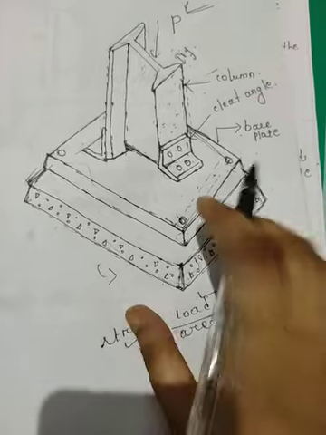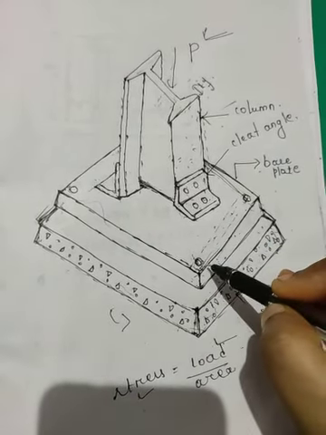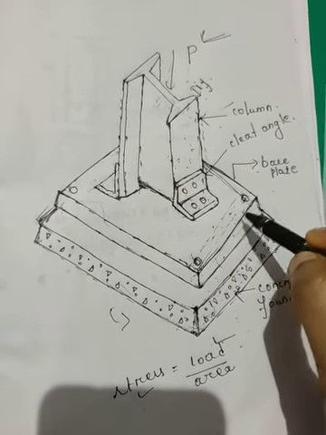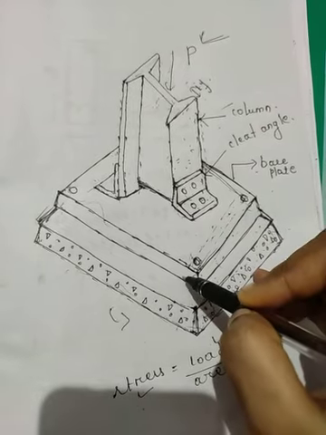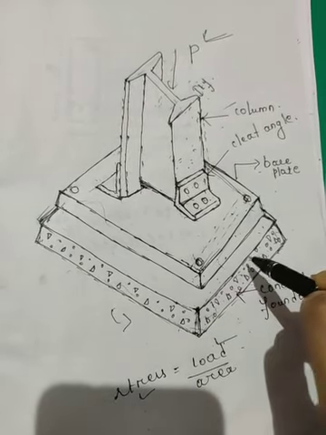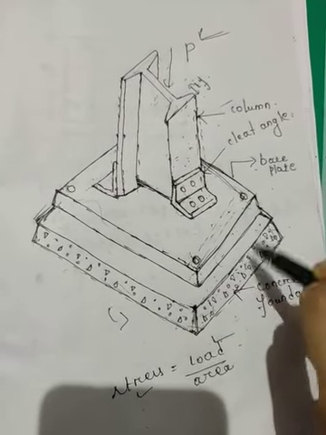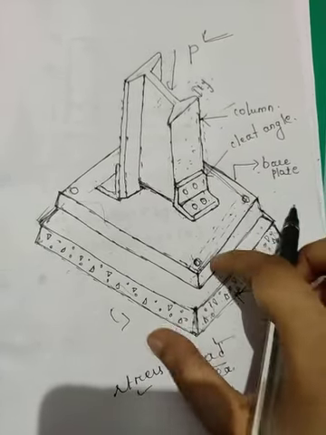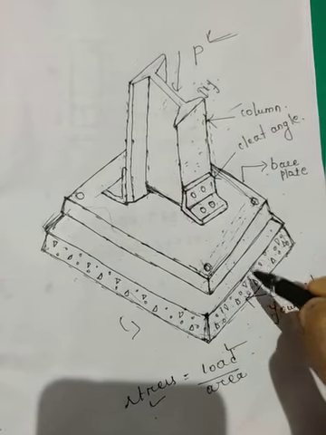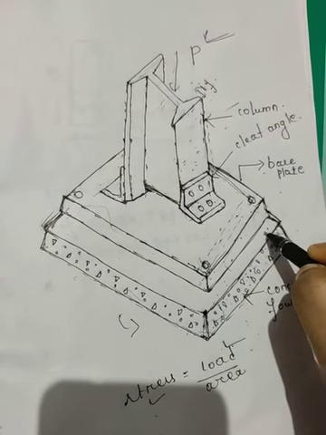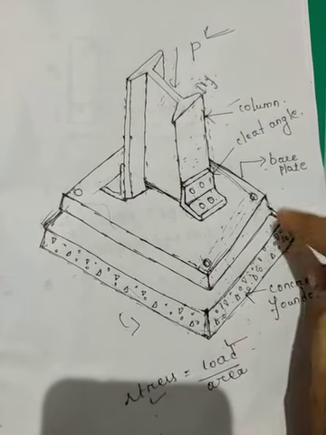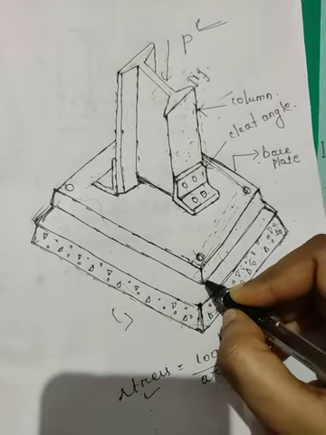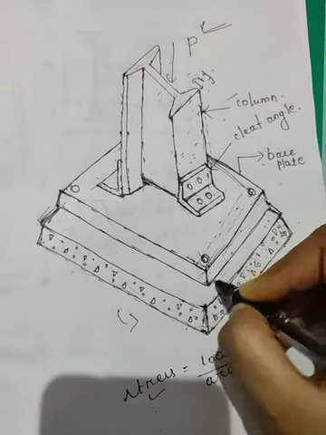Likewise, when in a question we are asked to design the slab base, then it will depend upon the bearing capacity of the concrete foundation, because the slab base will apply pressure to the concrete foundation, and the concrete foundation will apply stress to this much area of the base plate.